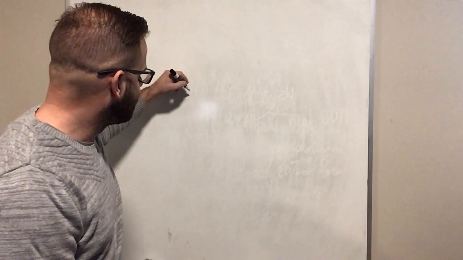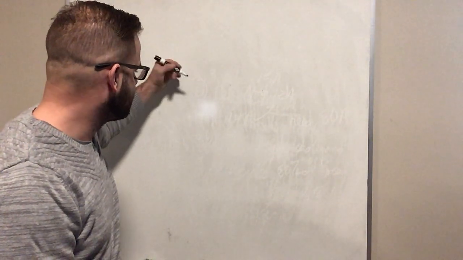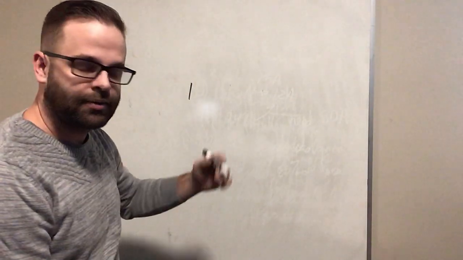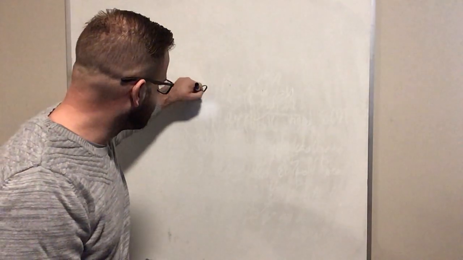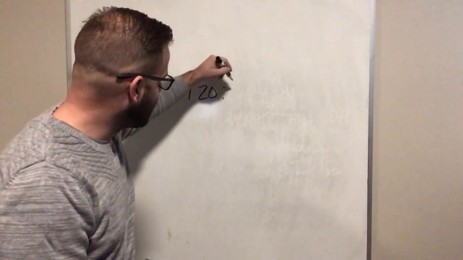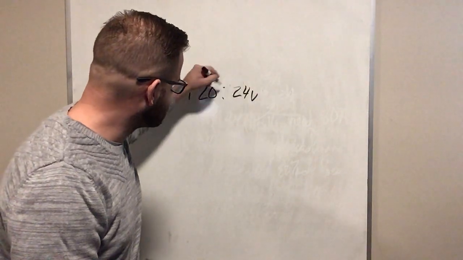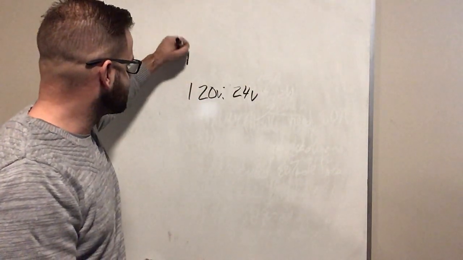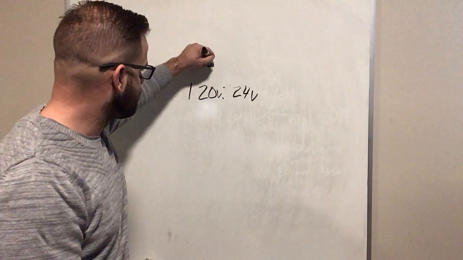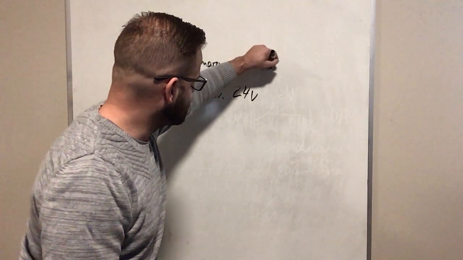If I have an incoming voltage, and these are like the transformers that are sitting on the desk in B1032. If I've got 120 volts coming in and 24 volts on my secondary, so this is my primary, and this is my secondary.